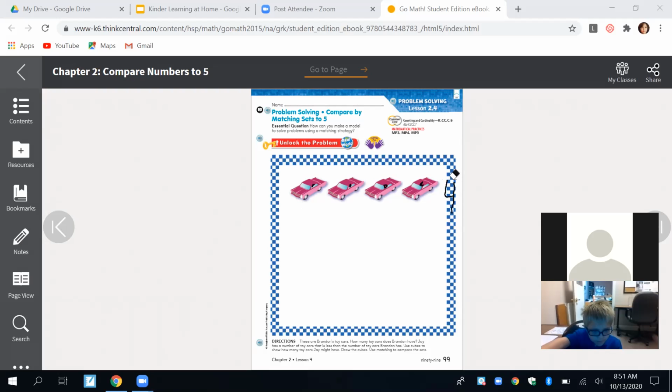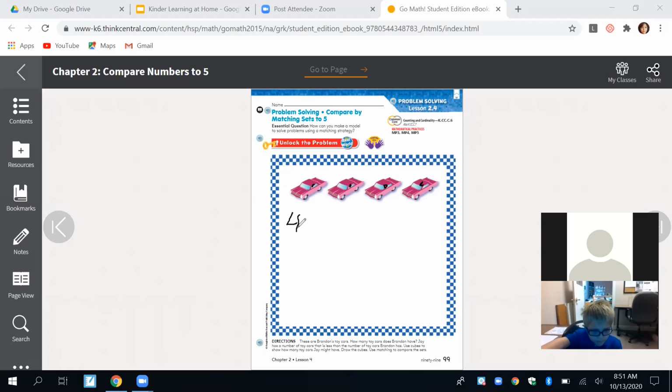Okay, I can see it right there. I'm going to write it right here. We know that's 4. We know that's 4 cards. And his friend has a number that is less than this group. What do I need to do next? I said I can use cubes.